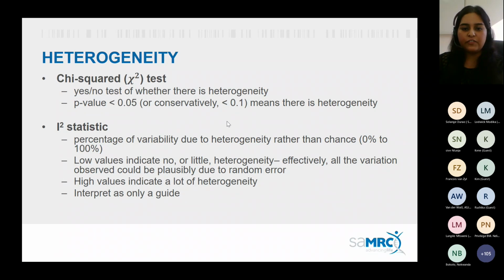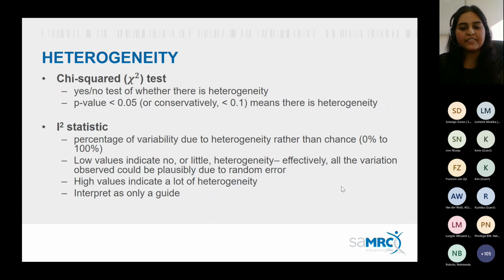However, it can have low power if there are too few studies, or it can be too sensitive if there are outlying studies. So some systematic reviews choose to use a cutoff of 0.1. So if the p-value is less than 0.1, then we can conclude that there is heterogeneity.